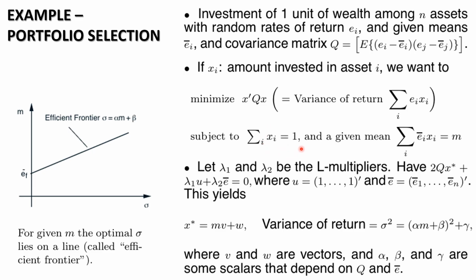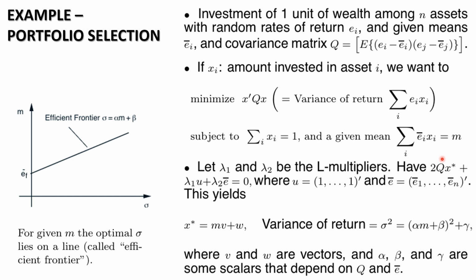This is the budget constraint. The second constraint is the target expected return, which should be fixed. This is a quadratic program with 2 linear equality constraints.